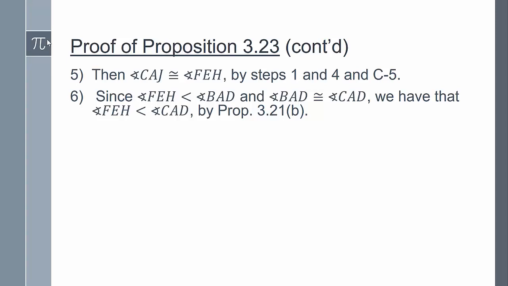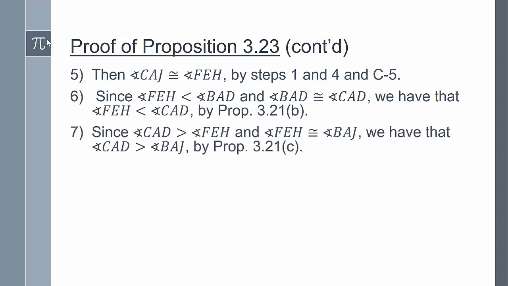Now, since angle FEH is less than angle BAD and BAD is congruent to angle CAD, then we have that angle FEH is less than angle CAD by proposition 3.21 part B. And since angle CAD is greater than angle FEH and FEH is congruent to BAJ, we can conclude by proposition 3.21 part C that angle CAD is greater than angle BAJ.